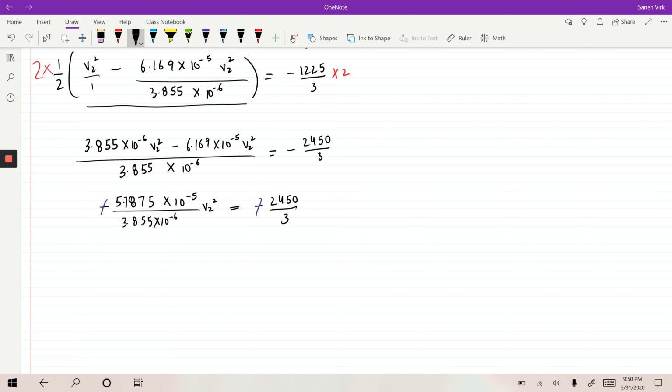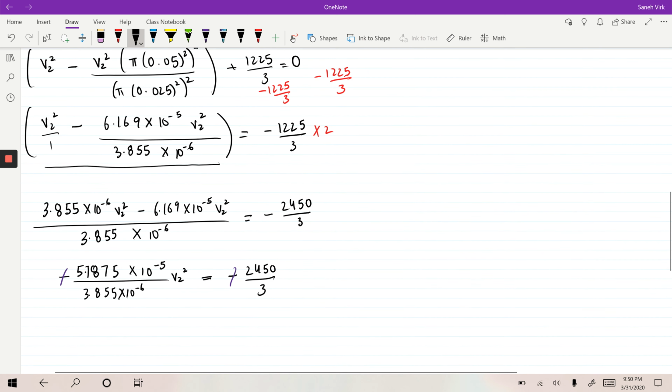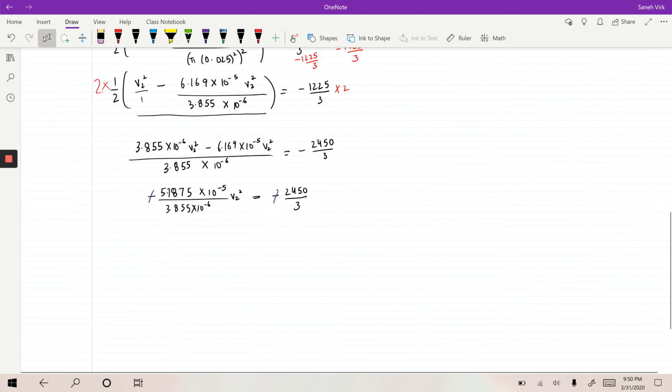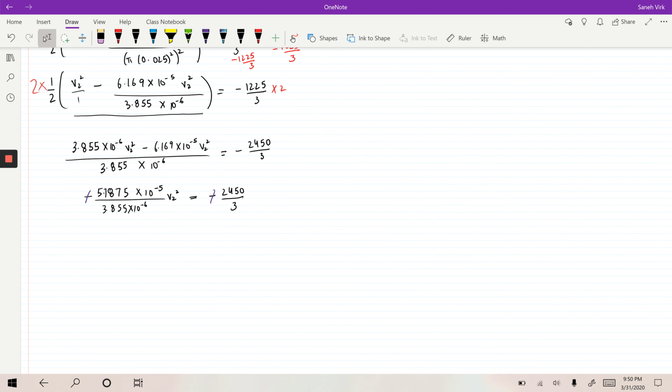In the fraction, I'm going to zoom out a little bit so that you can see the steps above it. 11575 over 771 V2 squared equals 2450 over 3. From here, I'm going to solve this.